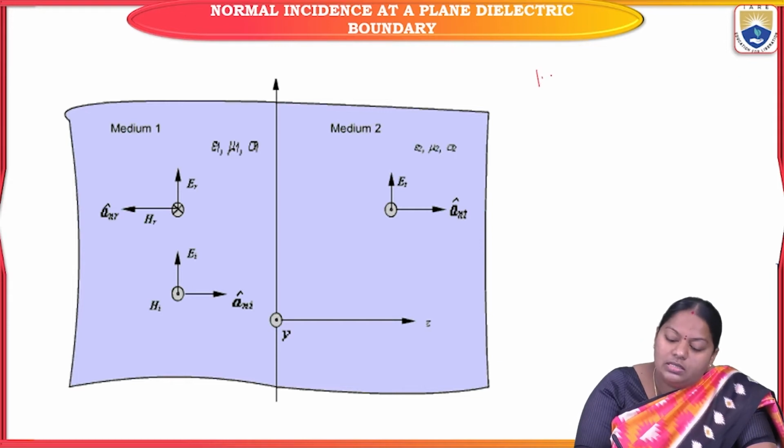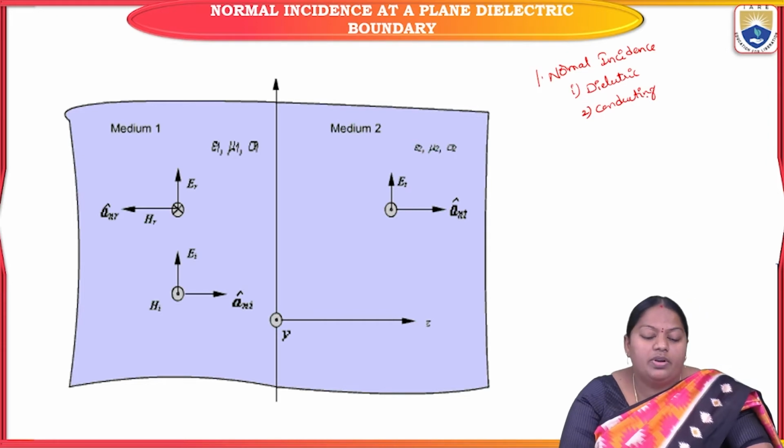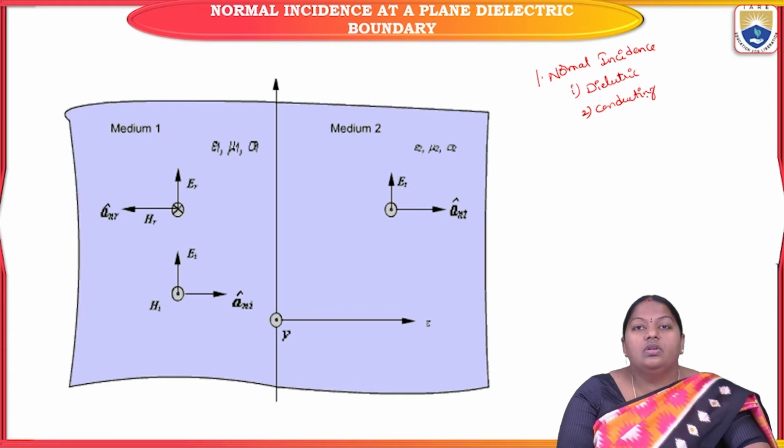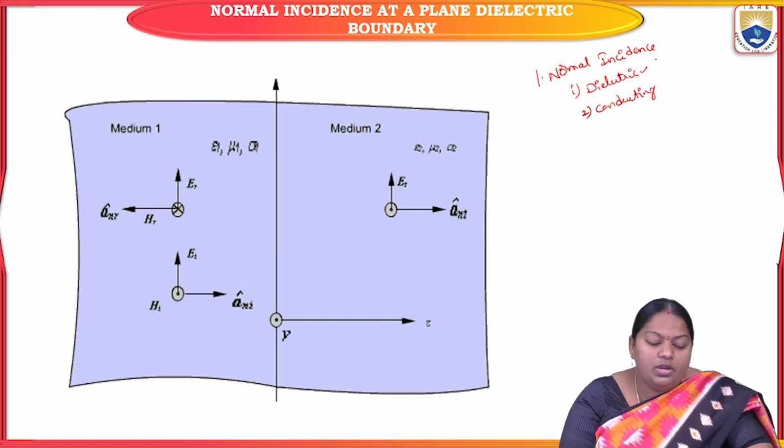Normal incidence is considered in two different cases: one related to a dielectric boundary and the second to a conducting boundary. In the dielectric boundary case, we assume both medium 1 and medium 2 are homogeneous dielectrics.